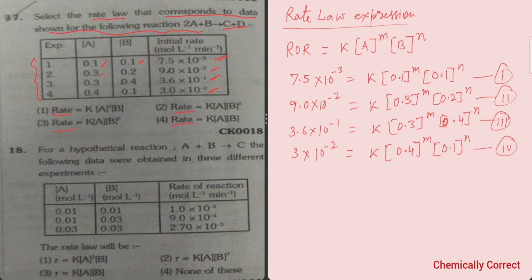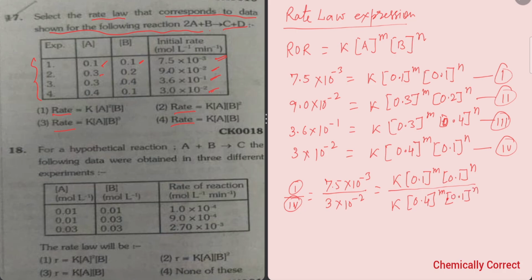If we divide the first equation by the fourth equation, that gives us 7.5 into 10 raised to the power minus 3 divided by 3 into 10 raised to the power minus 2, equal to k into 0.1 raised to the power m and 0.1 raised to the power n, divided by k into 0.4 raised to the power m into 0.1 raised to the power n.